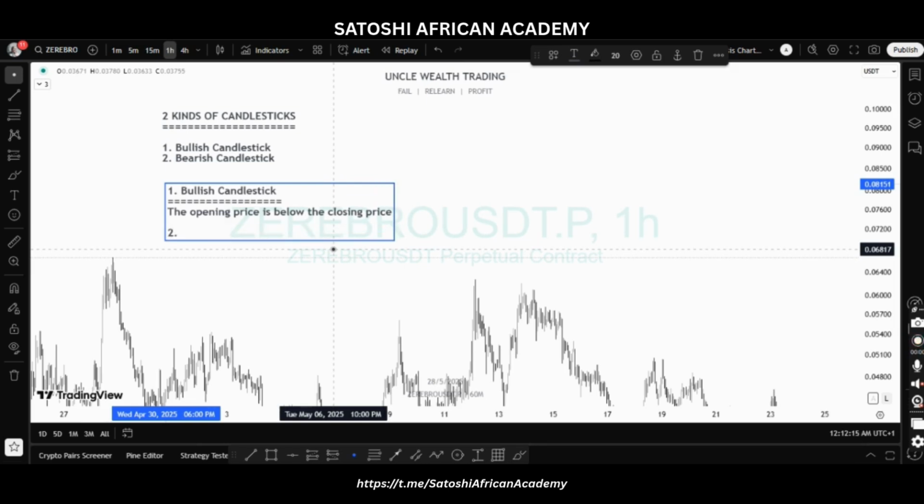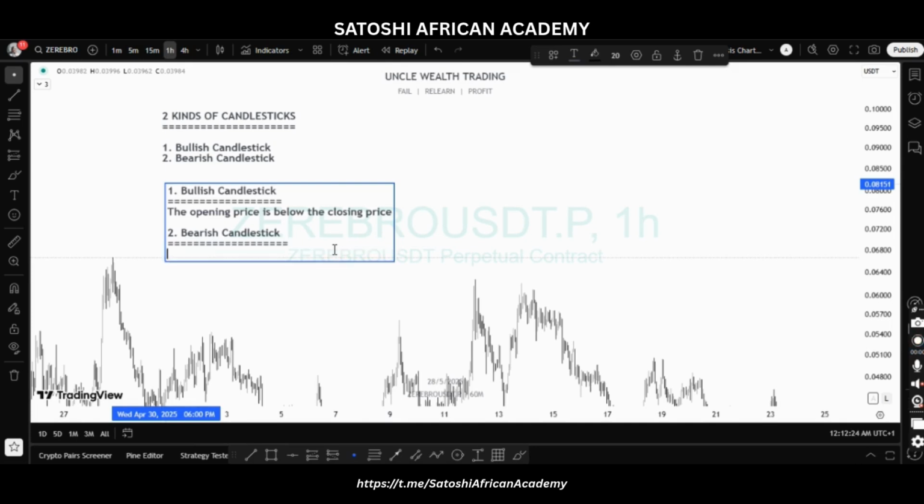And for the bearish candlestick, the opening price is above the closing price. So it's basically a reversal of the bullish candlestick.